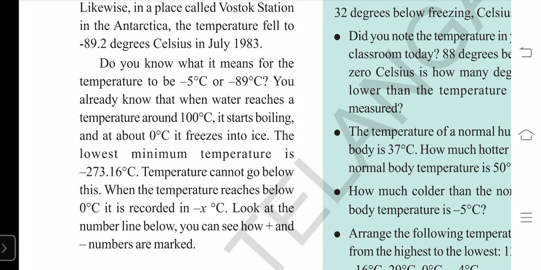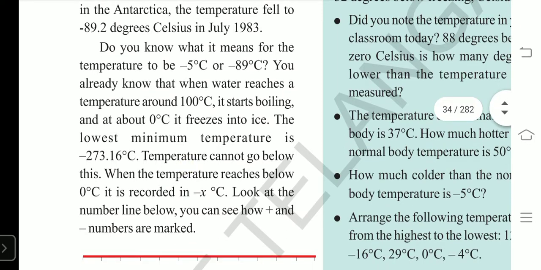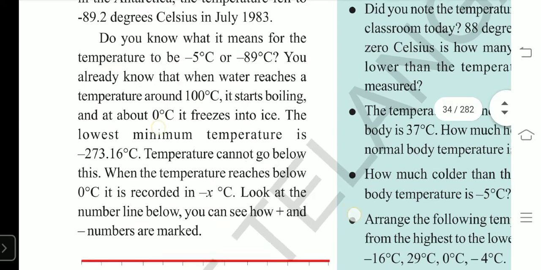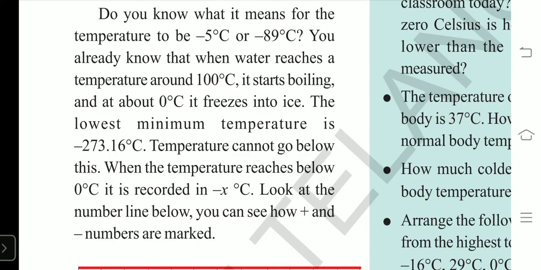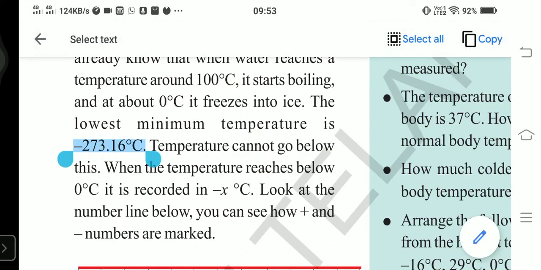So we have to use the tool, that is a thermometer, in which minus 273.16 degrees Celsius is there. That is the lowest minimum temperature, minus 273.16 degrees Celsius, because temperature does not go below that point.